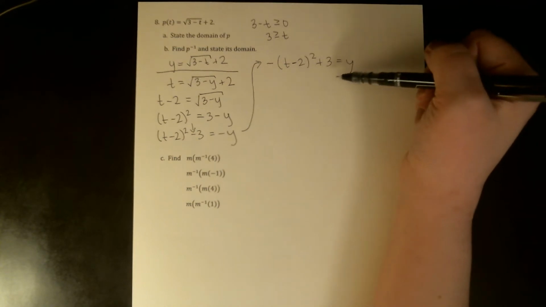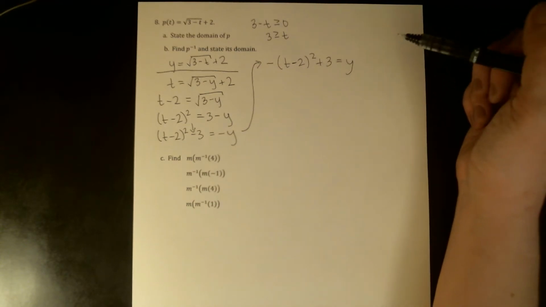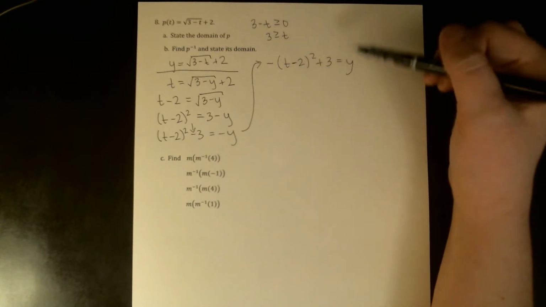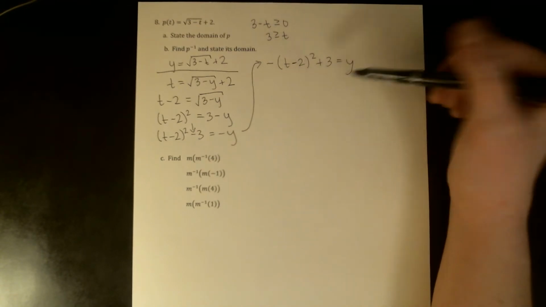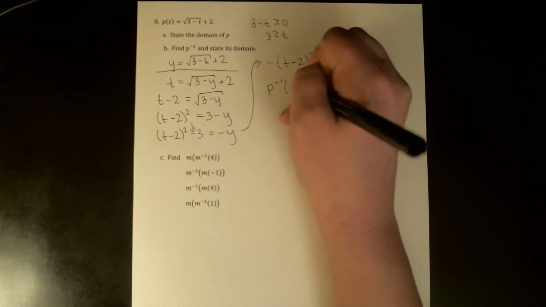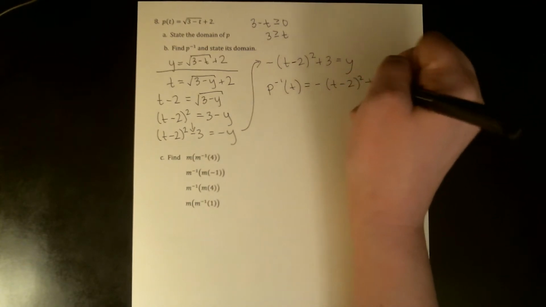I actually find that that makes it a little harder if you want to check whether the two functions are inverses, so I didn't ask us to do that here. But I would say it's easiest just to leave it in this form. You have the 1t, and you can see each operation that happens to the t. So I'm just going to say p inverse of t is equal to negative t minus 2 squared plus 3.